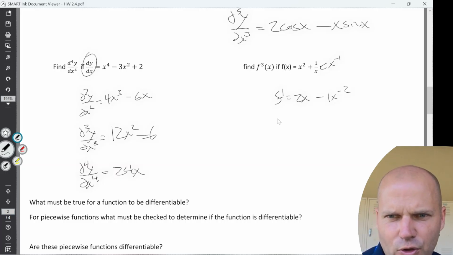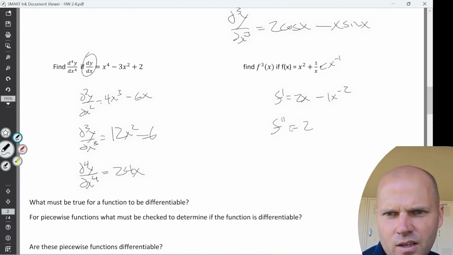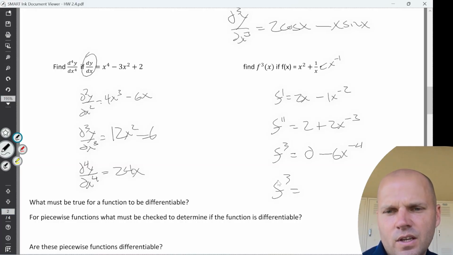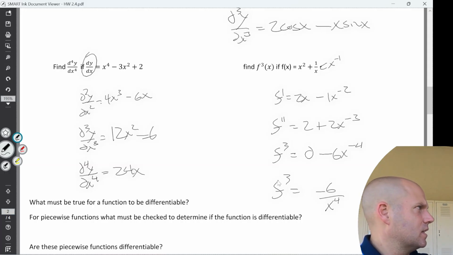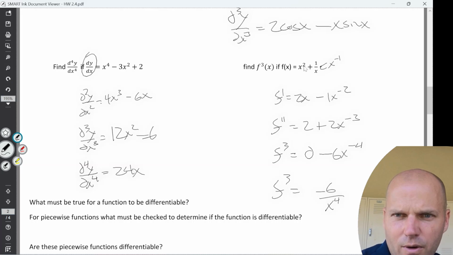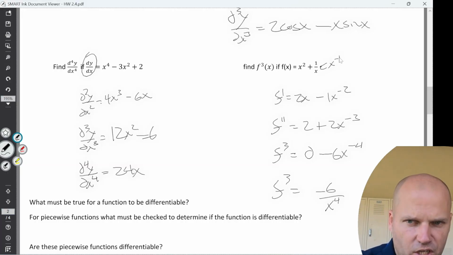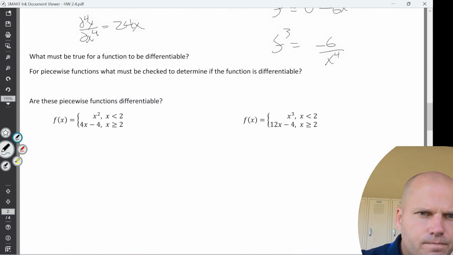Now, since I need to go to the third derivative, I'm not going to rewrite this because I'm just going to have to rewrite it again. I will get here, and then I will end up with 0 here, but negative 6x to the negative fourth there. It's just an interesting thing where if you start with any other power besides a positive whole number power, like starting with a negative power or a fractional power, you will have to continue to take derivatives over and over.